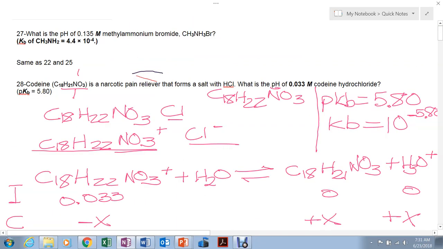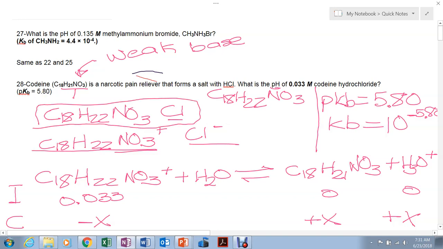This is a weak base. The codeine, when it reacts with HCl, you form a salt, and this is the salt. Now, like I said, when you got the salt of a weak base, this is the conjugate acid of a weak base combined with the conjugate base of a strong acid, which is very weak, so it's not going to react with water.